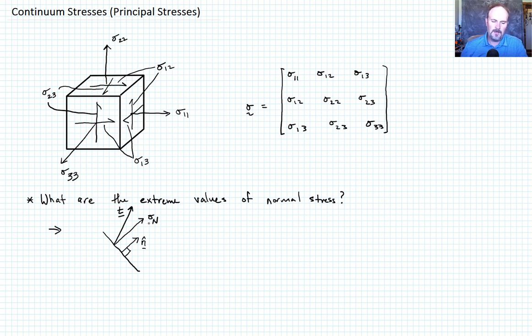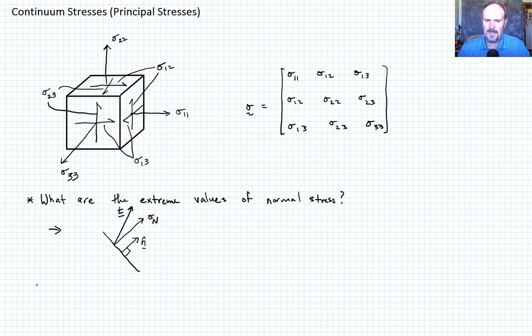So what we're trying to ask is, in all that stress tensor, if we can pick any plane that we want, which plane is it that gives us the maximum or the minimum normal stress? And I'm going to expand that a little bit to say what we really want is a stationary point. So we would admit saddle points as well in that.